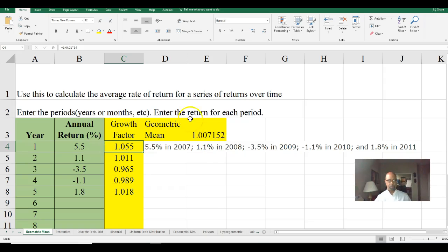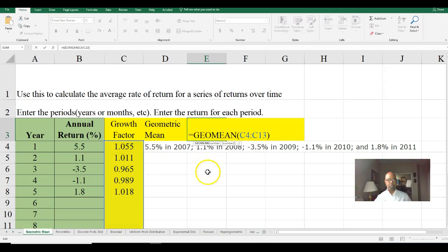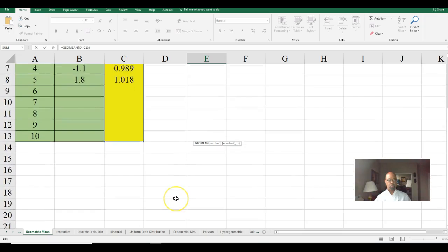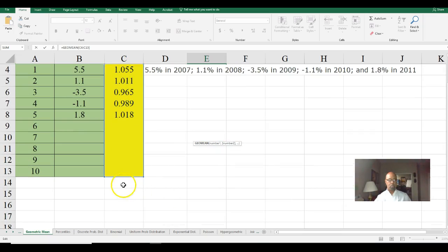Once you have the growth factors, there is an Excel built-in function that calculates the geometric mean. Ideally, what you'd want to do is simply match the array that's used in that geometric mean calculation to the number of growth factors that you're going to be using in the calculation.